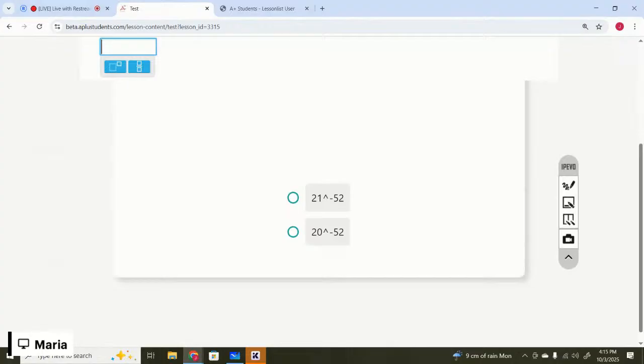So it will be 21 exponent negative 52. Option number 2 is the correct option.